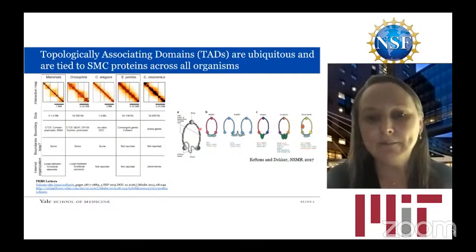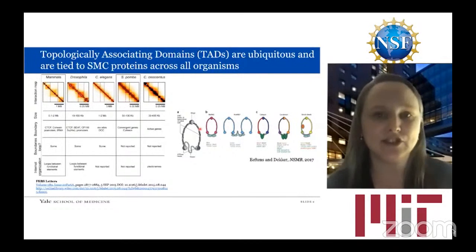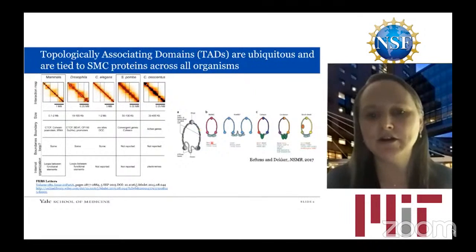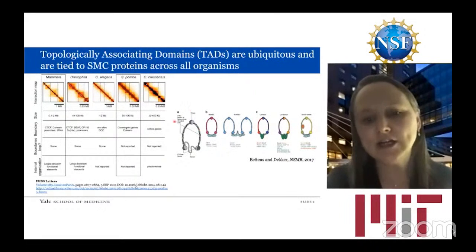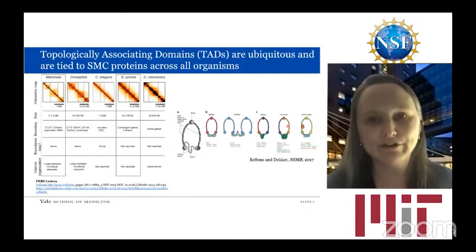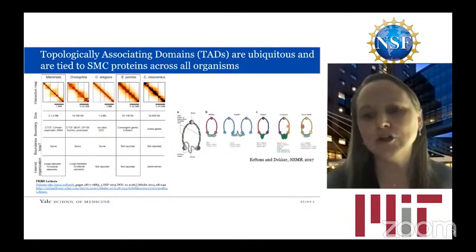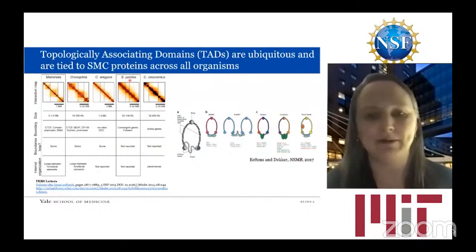SMC complexes, like TADs, are broadly conserved from prokaryotes to eukaryotes, and they all have this type of architecture that I'm showing you here of these rings. In particular, I'll be focusing on cohesin and condensin, which are two flavors of SMC complexes. There's one form of cohesin and one form of condensin present in Schizosaccharomyces pombe.